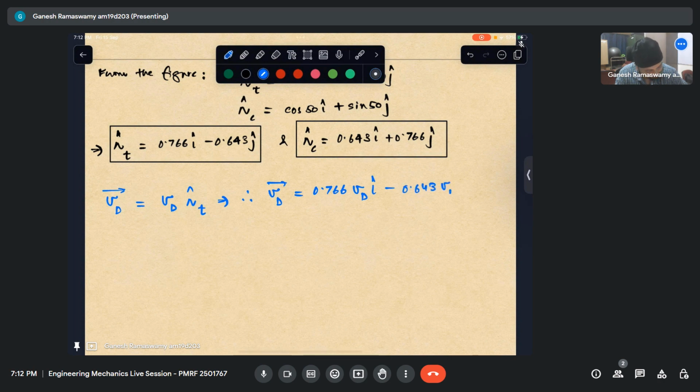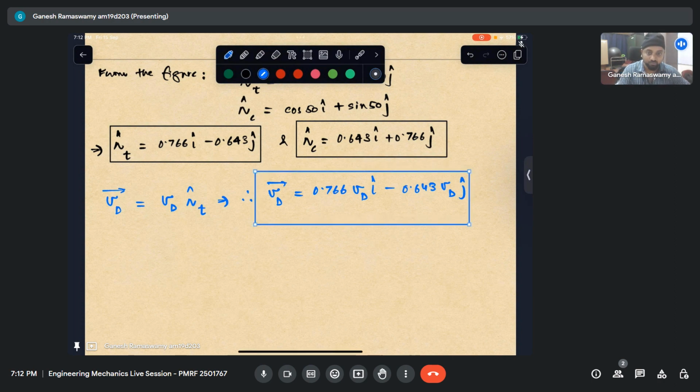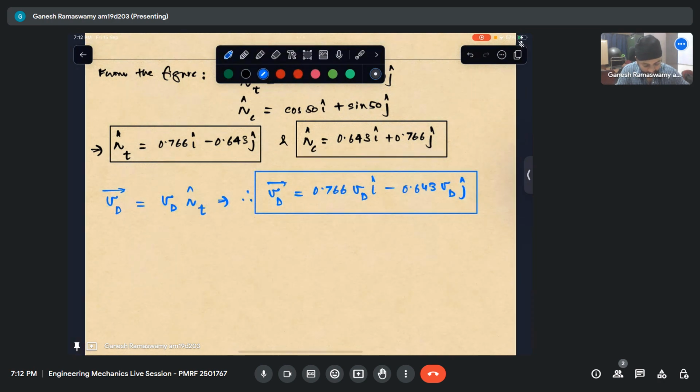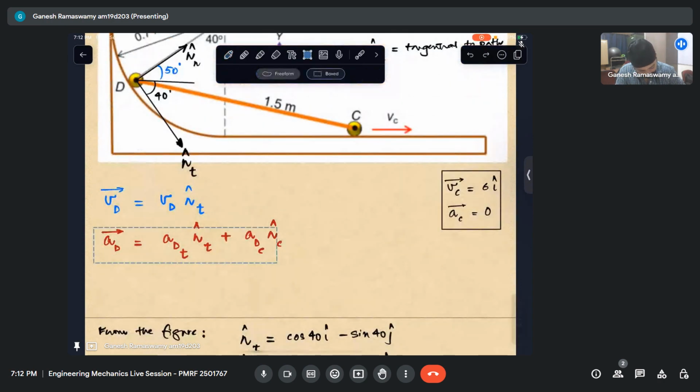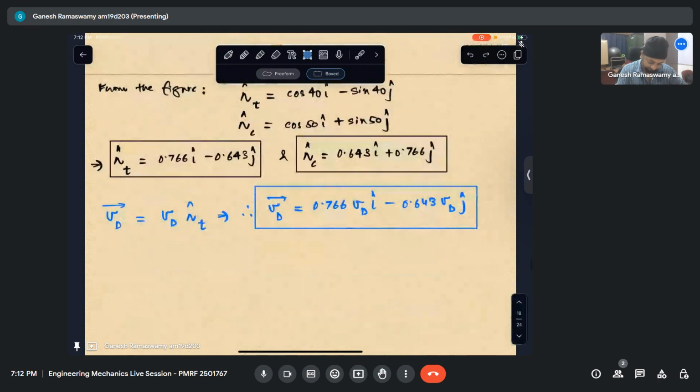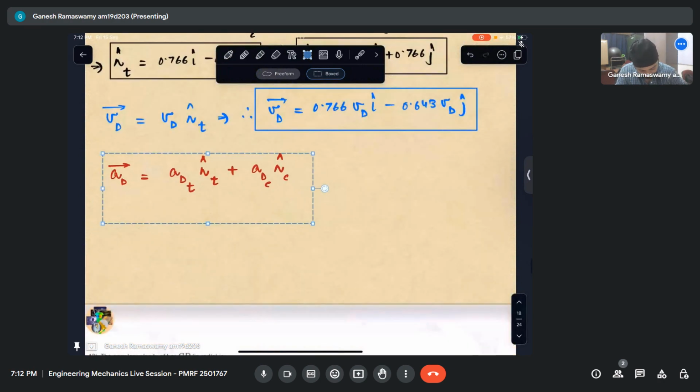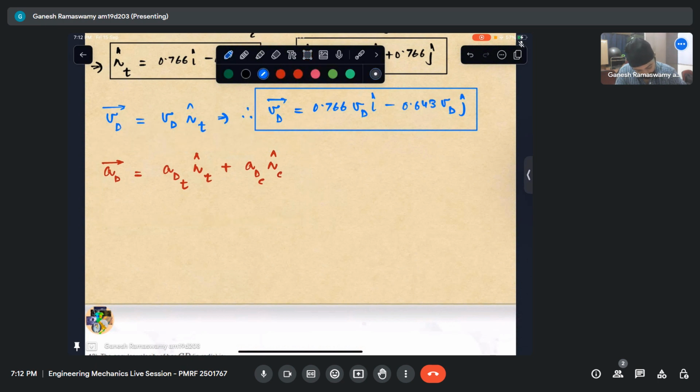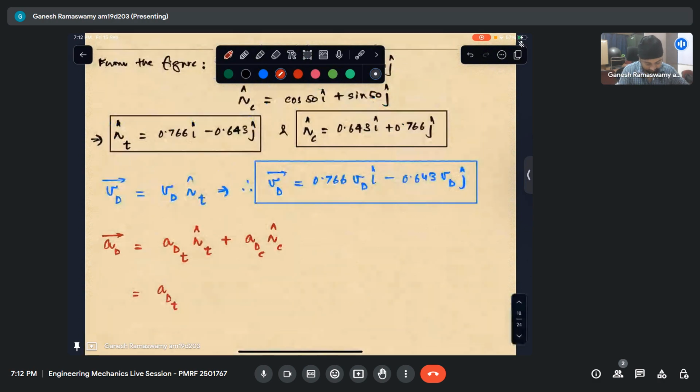So I have that vector in component form with Vd as the unknown, which I need to evaluate. Similarly, I can write acceleration also, which I can write as AD tangential, n cap is 0.766.